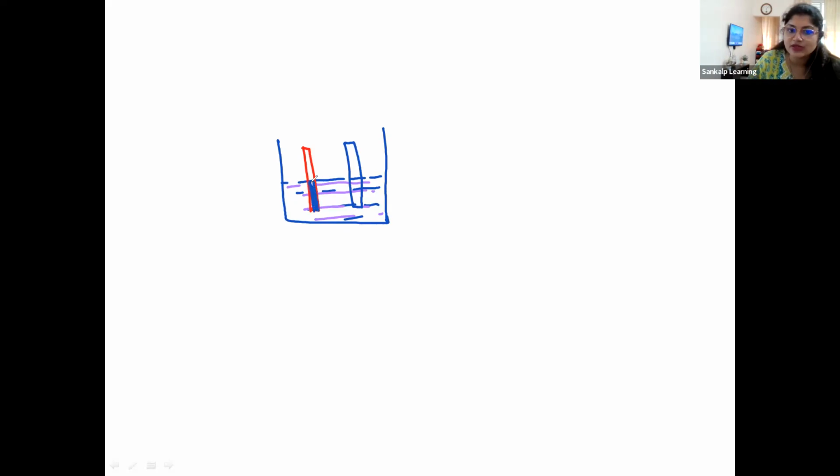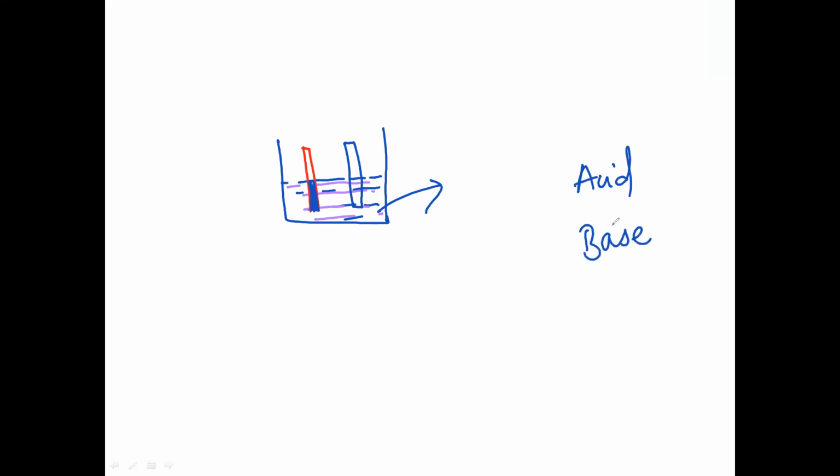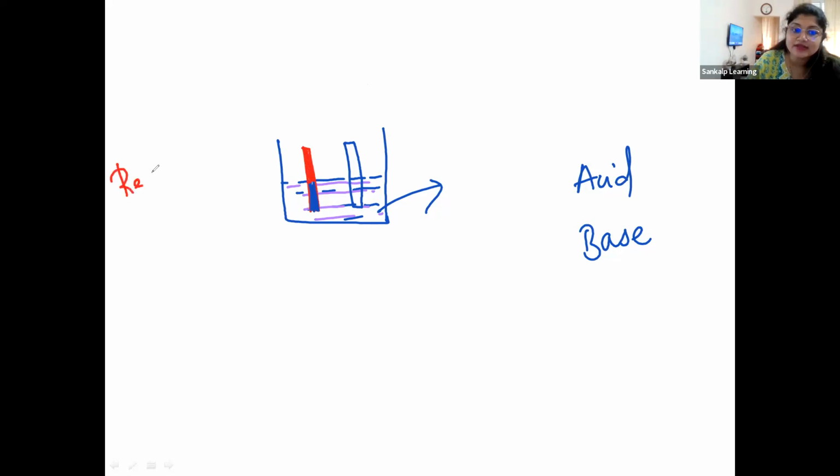So what will be the solution? It will be acid or a base? It is turning red litmus to blue.